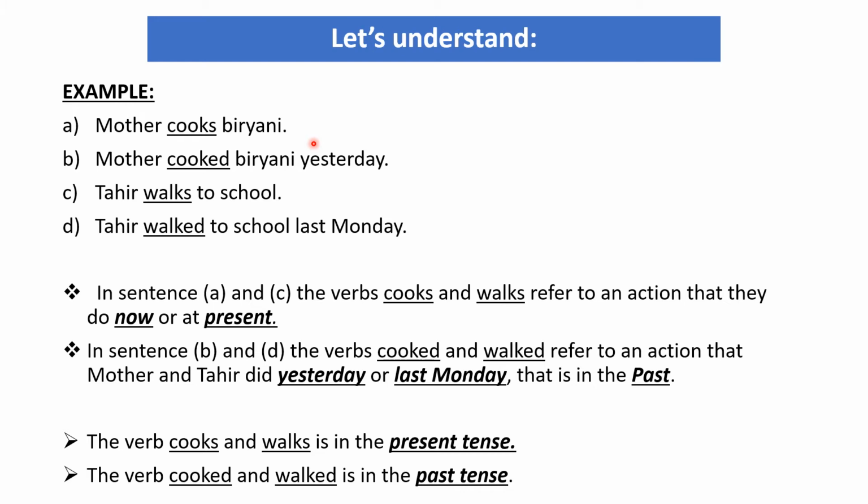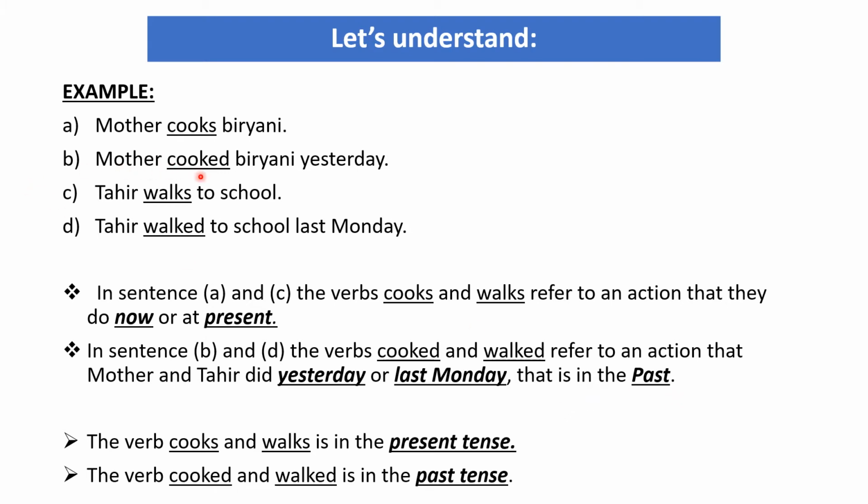Some actions which happen now can be called by the name present. So this is called the present tense. In sentence B and D, the verbs cooked and walked refer to an action that Mother and Tahir did yesterday or last Monday. That is in the past.